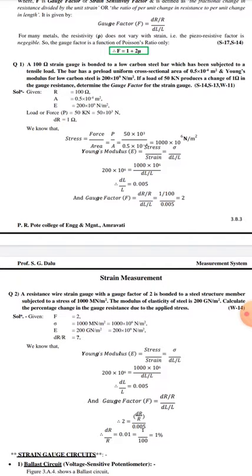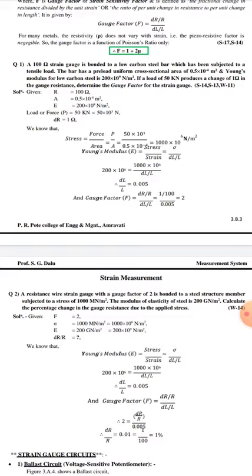Given F equal to 2. Sigma is given, 1000 mega Newton per meter square, means 1000 into 10 to the power 6 Newton per meter square. Young's modulus is 200 giganewton per meter square, that is 200 into 10 to the power 9 Newton per meter square.